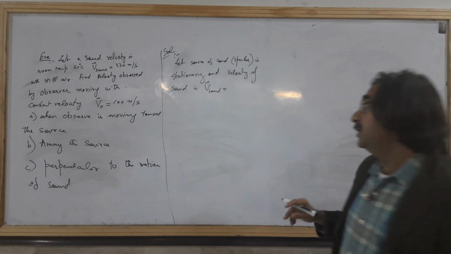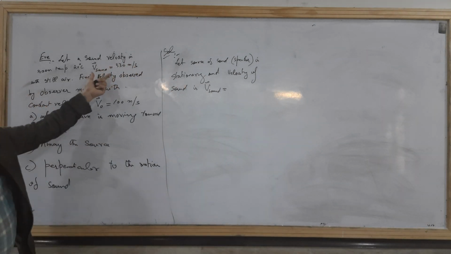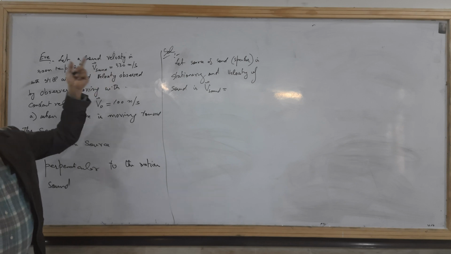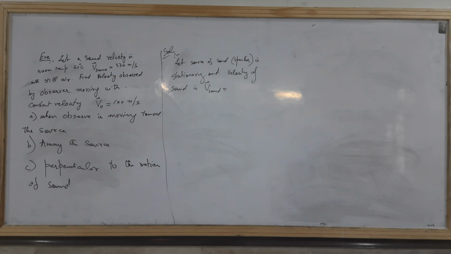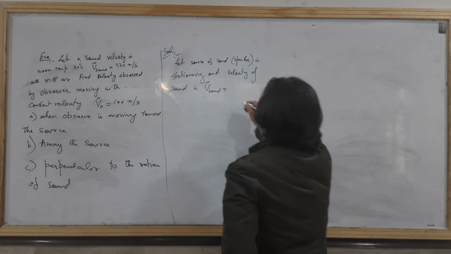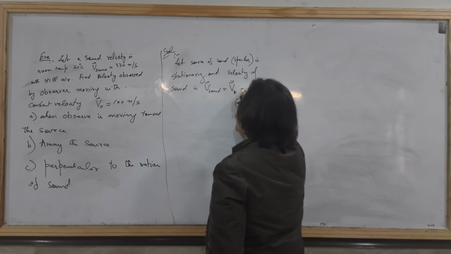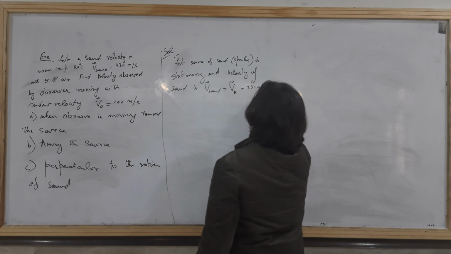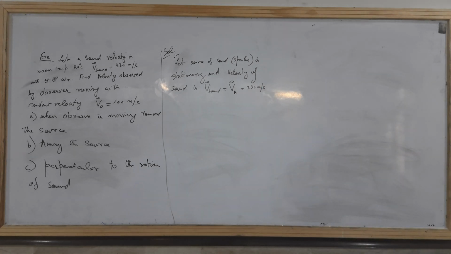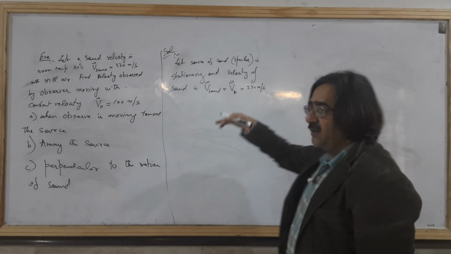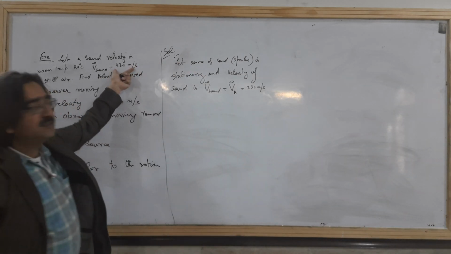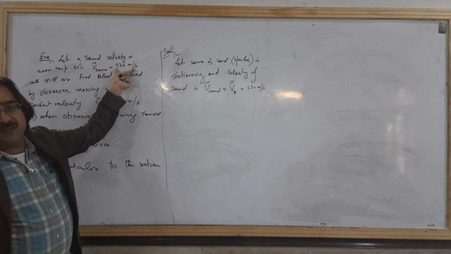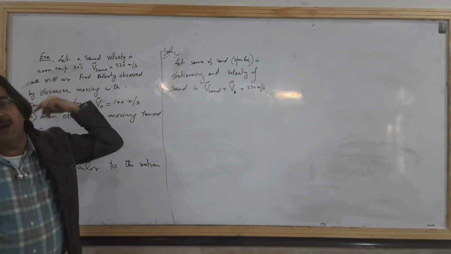Sorry, the speaker is stationary. The speaker is measuring the velocity of sound, and according to our theorem, that will be the first observer, that will be VA, which is 330 meter per second, as we have already explained previously. Sound is like a plane, moving with the velocity, as we did in the previous exercise. VA is the velocity measured by observer A.